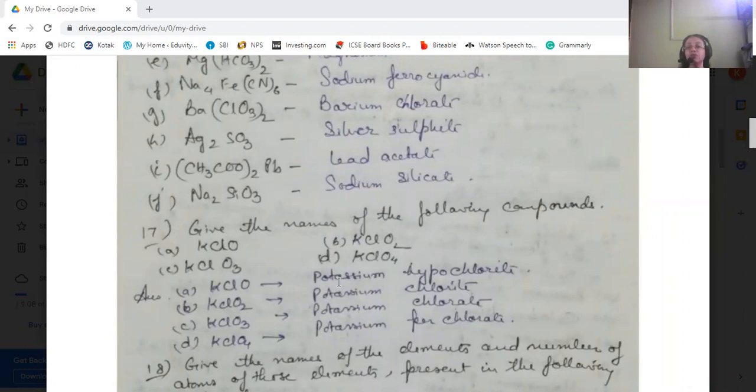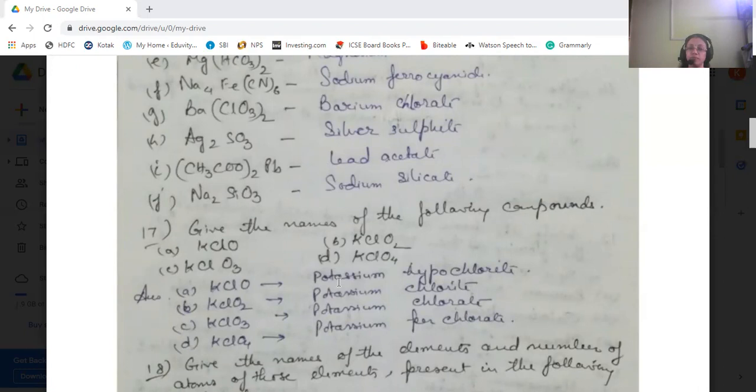Now give the names of the following compounds. KClO is potassium hypochlorite. KClO2 is potassium chlorite. Now KClO3 is potassium chlorate and KClO4 is potassium perchlorate.